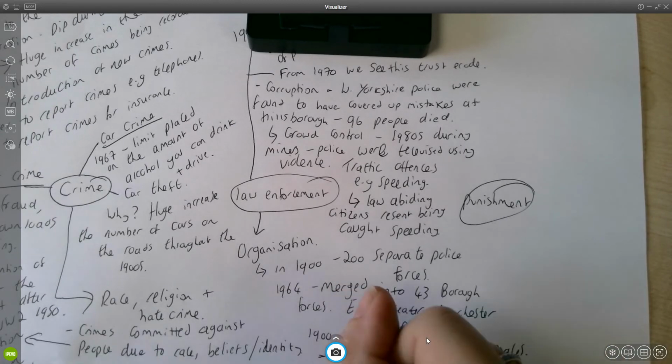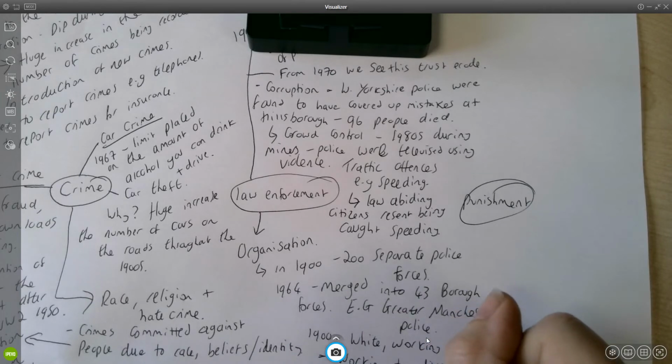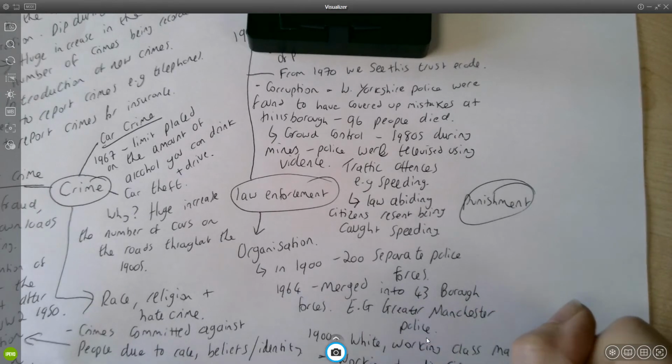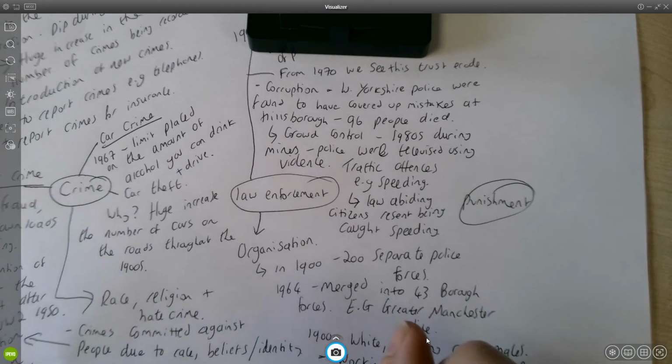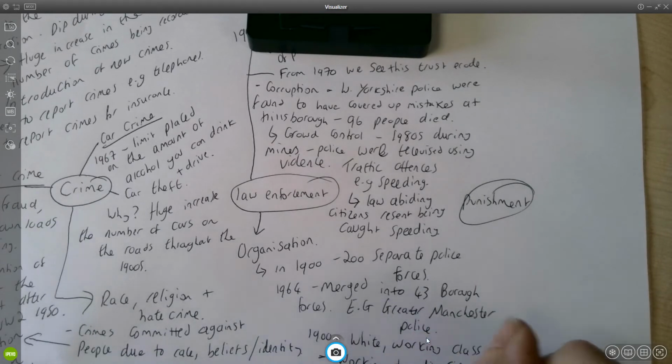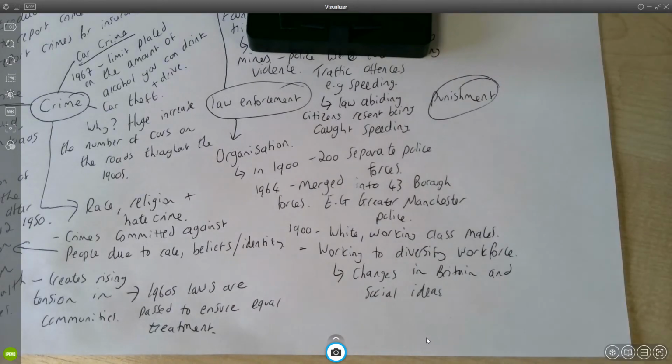Police have been working to diversify their workforce, e.g. employ more women, people from different backgrounds, and the reason for that is due to changes in Britain and social ideas. So the fact that, for example, women can go out to work, and also the changing makeup of Britain. It's now a much more diverse country.